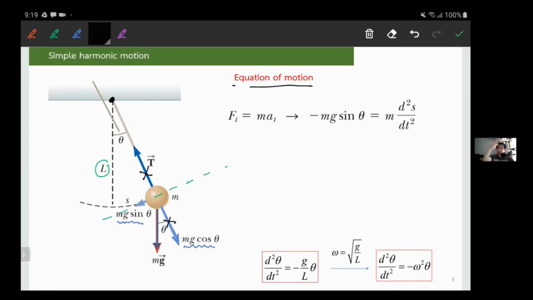There's no motion along the radial direction. So that means the tension must cancel out the mg cosine theta, because you don't have any movement perpendicular to that green line right there. So there's nothing moving there. So the force on that axis must go to zero. So you only have one force left, which is the mg sine theta.